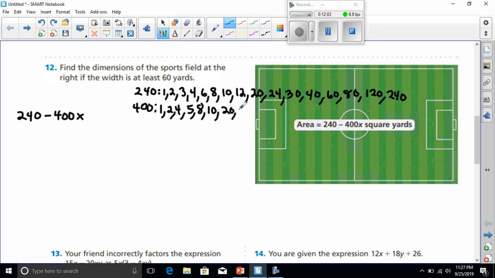Let's see. I think, well, I said 20 times 20. So that would make the next number 10 times 40. And then, let's see, 8 times 50.